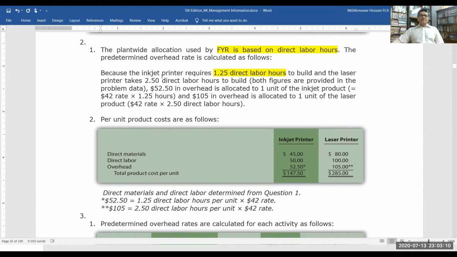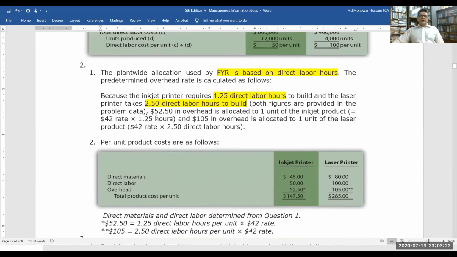To build the laser printer takes 2.5 direct labor hours. Both figures are provided in the data. So 52.5 in overhead is allocated to one unit of the inkjet product.